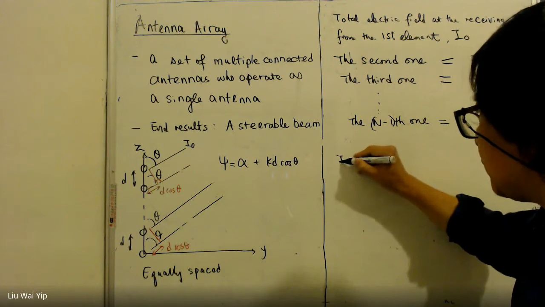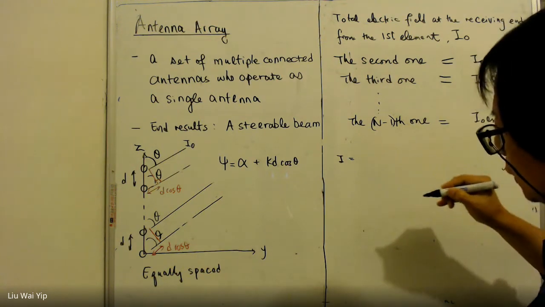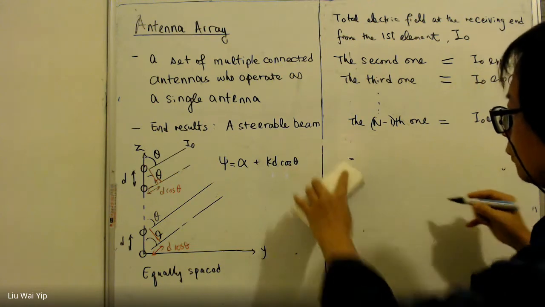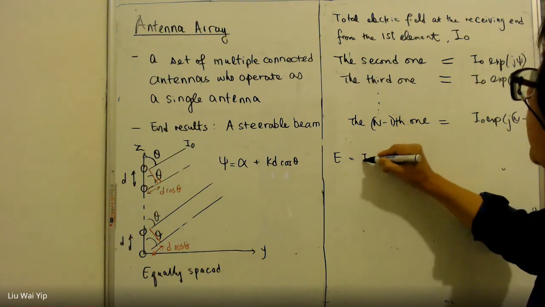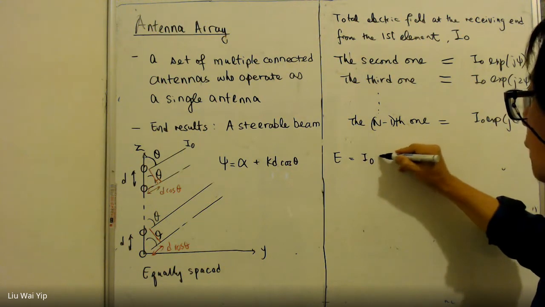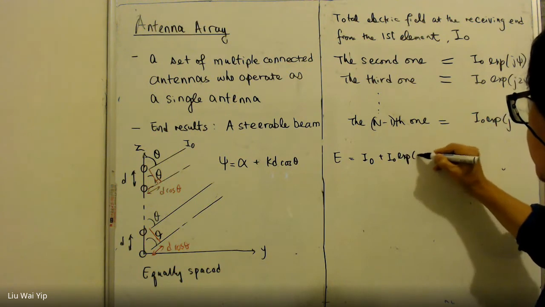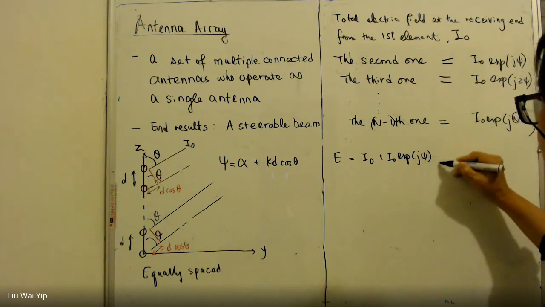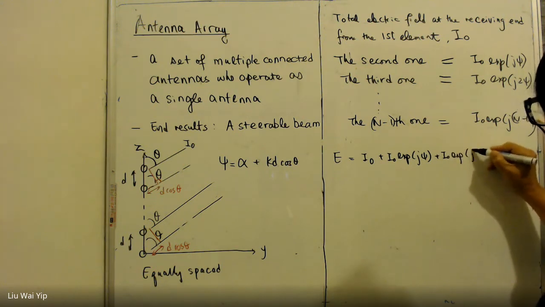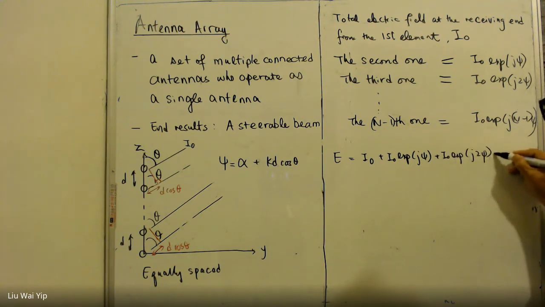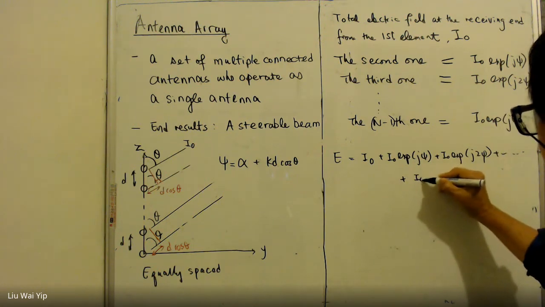So the total electric field is going to be I naught plus I naught plus I naught, and the process keeps going until we reach the last element.